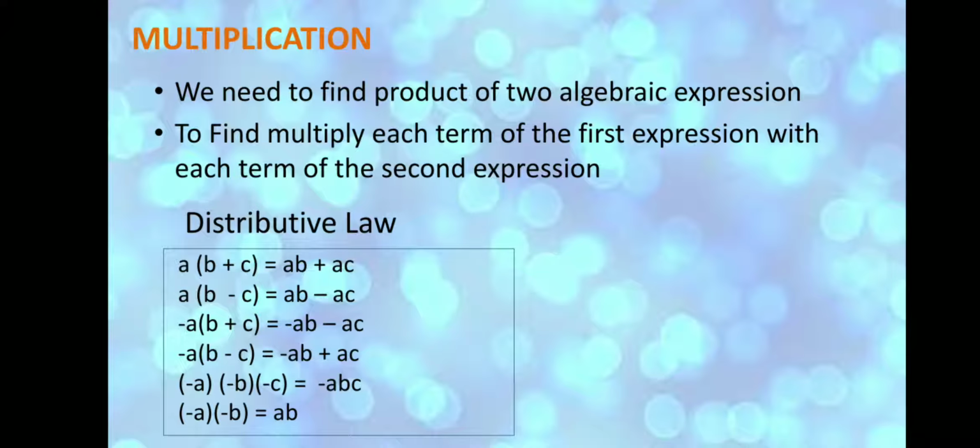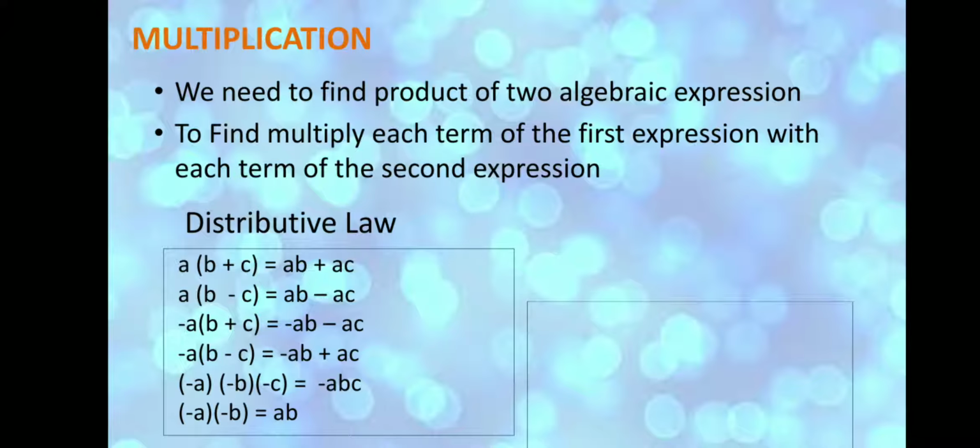Now this plus ab will be multiplied by minus c, so plus and minus change to minus, so the final answer will be minus abc. Now if you have to multiply minus a into minus b, it will be plain ab, because minus and minus change to plus.